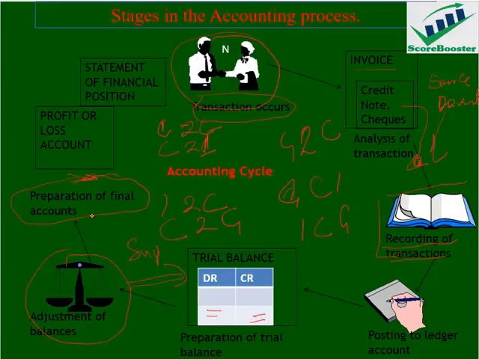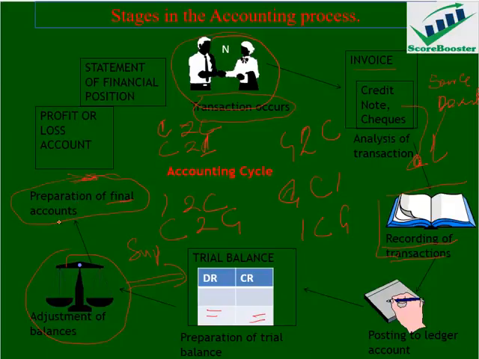Users can also be employees who want to agitate for minimum wages. Users can also be debtors, those that owe us, and creditors, those that we owe. So a lot of stakeholders are here whose interests we must consider when preparing our final account.